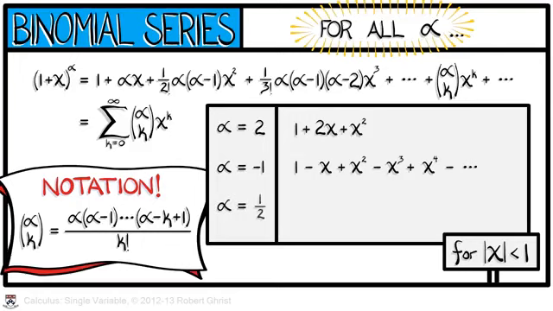For example, if we take alpha equal to 1/2, so that we're looking at the square root of 1 plus x, then one can evaluate these binomial coefficients and obtain a Taylor series for that. In this case, in particular, this is only going to remain valid for x less than 1 in absolute value.